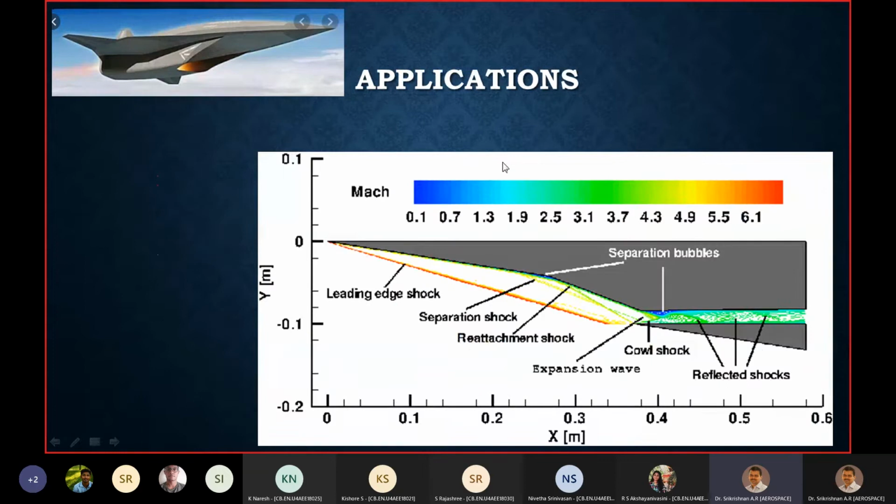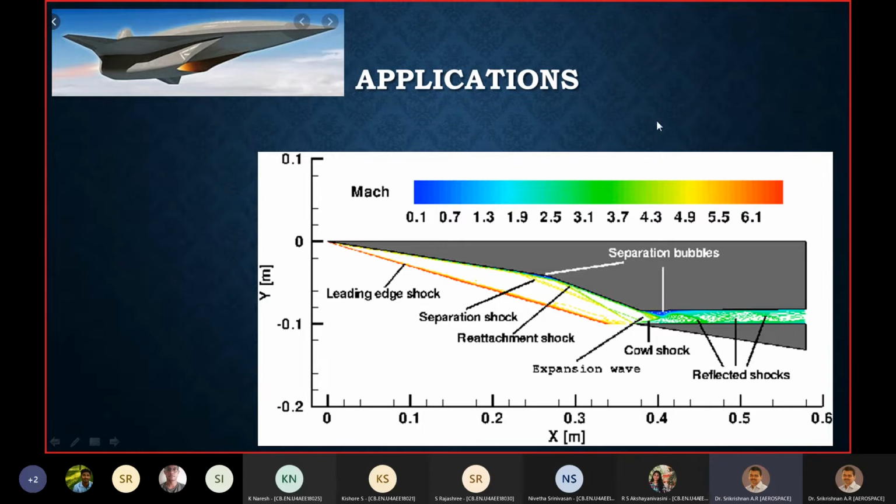The applications of Prandtl-Meyer expansion are many in real supersonic flow situations, like in the intake of a scramjet, and to some extent a ramjet also. You will have a series of oblique shocks and expansion fans. The intake geometry will be such that you have a few oblique shocks and subsequent expansion fans also.